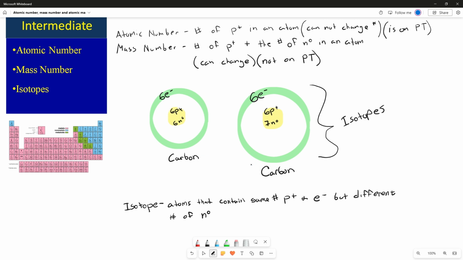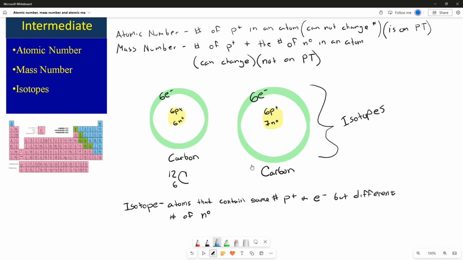And a common way to show an isotope of carbon is you would write its symbol. Then in the bottom left-hand corner, you would put its atomic number. That's the number of protons. And then in the upper left-hand corner, you would write its mass number, which is the number of protons plus the number of neutrons.